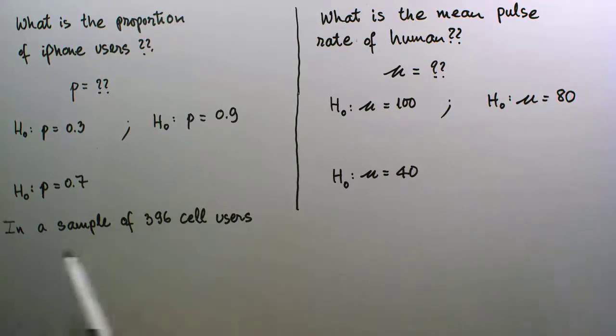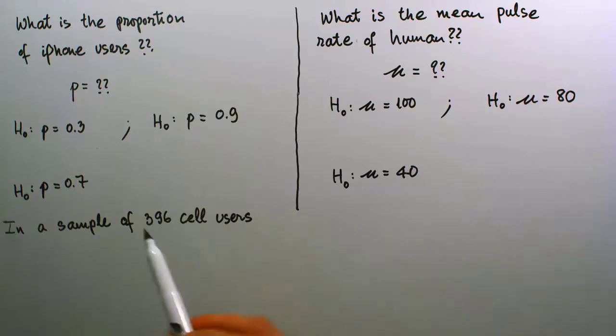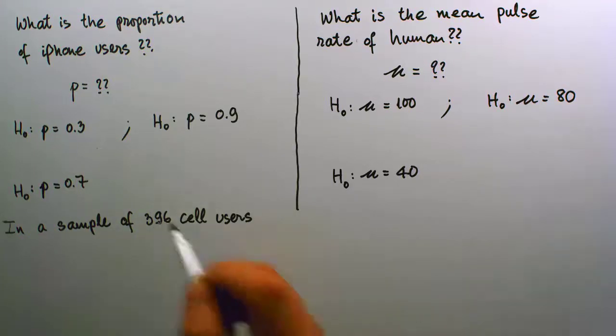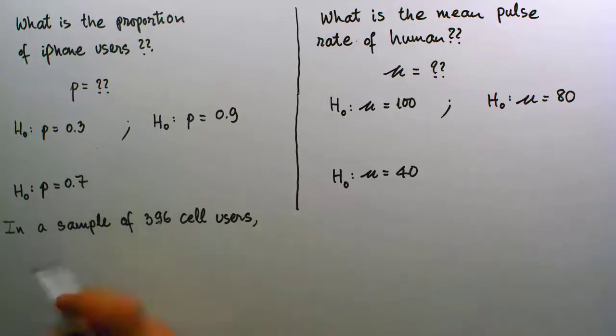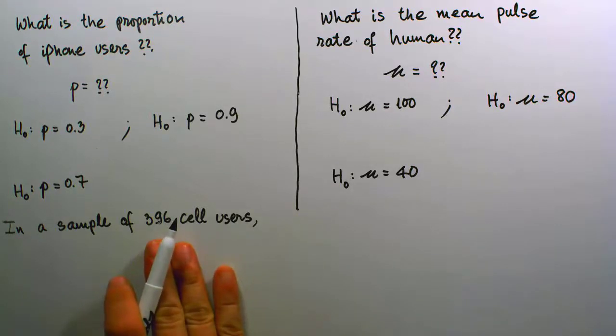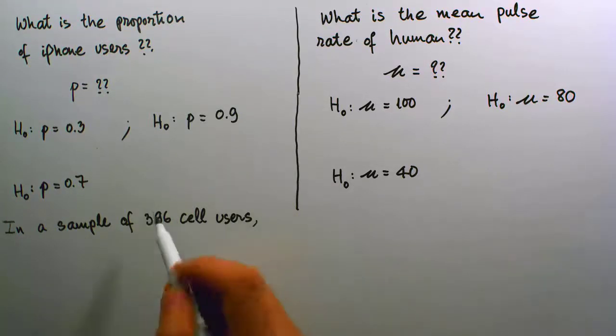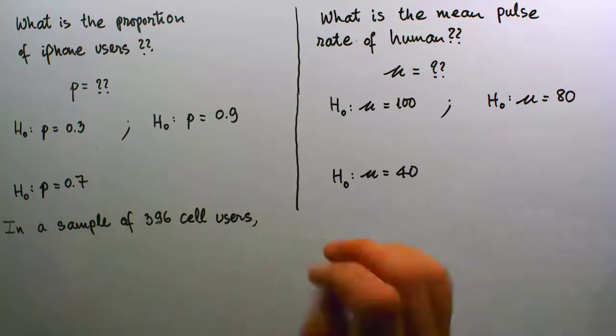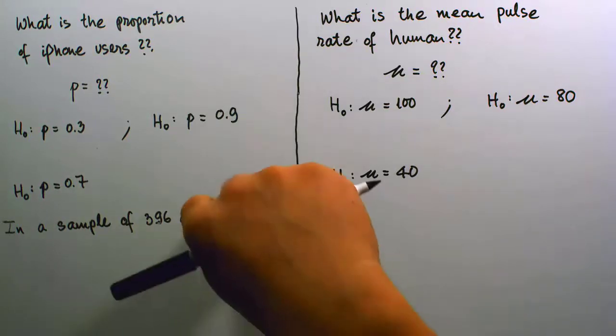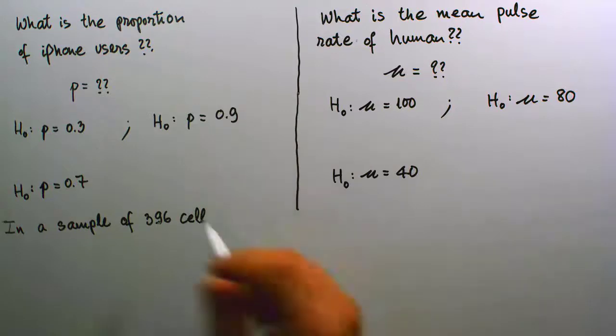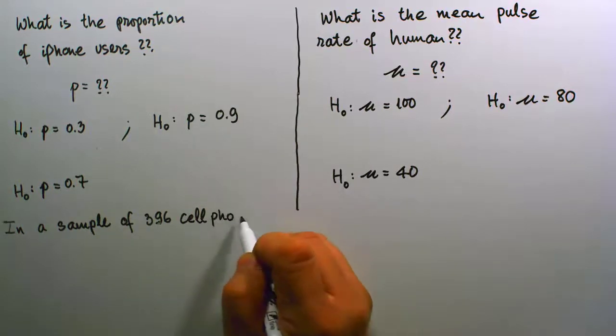So we want to select a sample of 396 cell phone users, and this is what we found. This is an actual reality right here. So in a sample of 396 cell phone users.